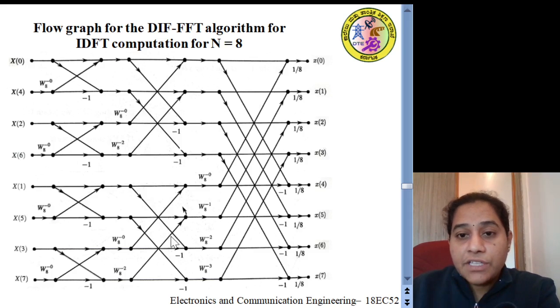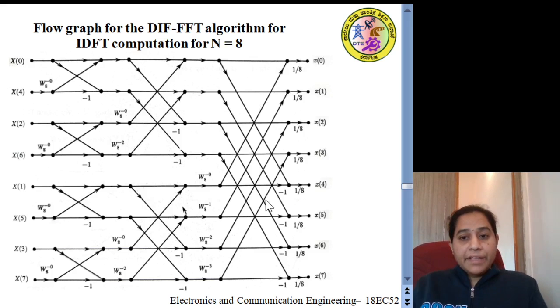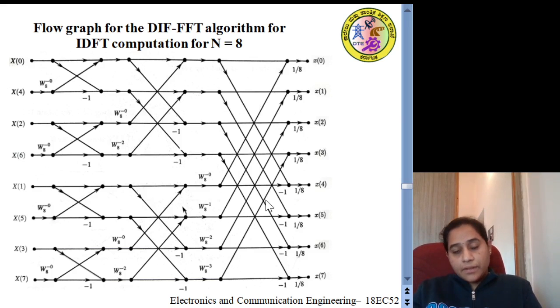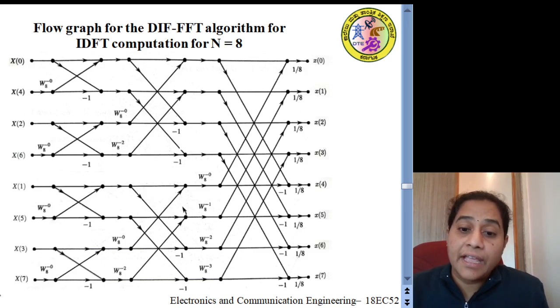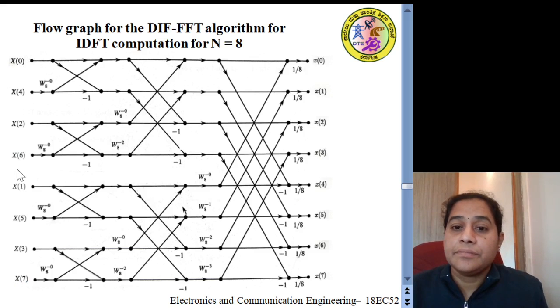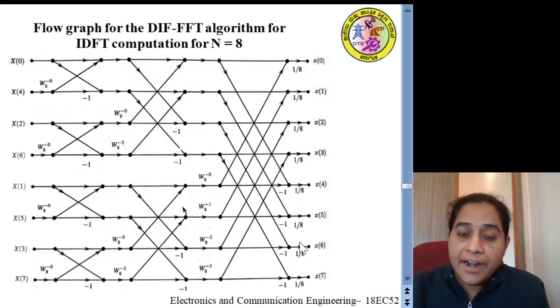From this flow graph, what we can observe is that we give the input, that is x of k, in bit reversal order, and we obtain the IDFT in natural order.